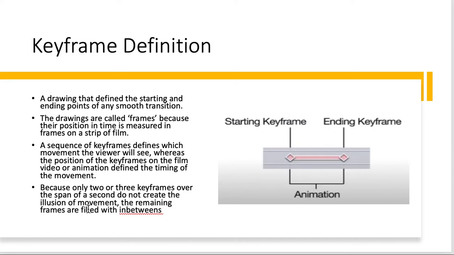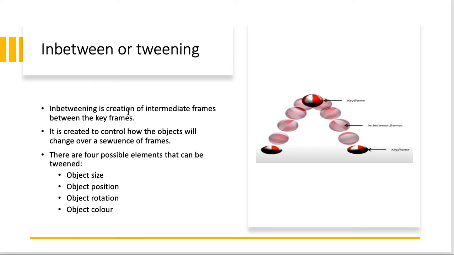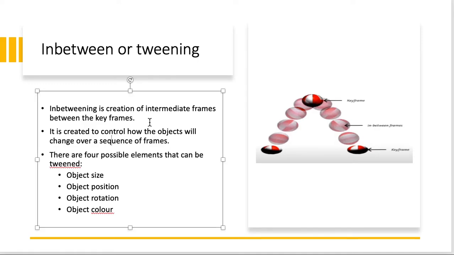So the remaining frames are filled with what we call in-betweens. In-betweening is the creation of intermediate frames between the keyframes. It is created to control how the objects will change over a sequence of frames.